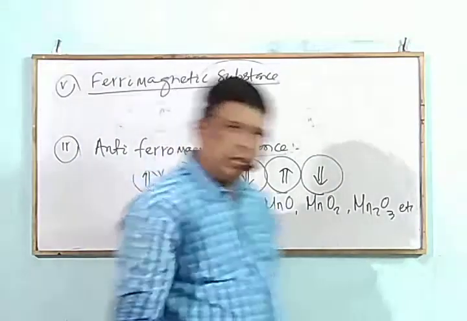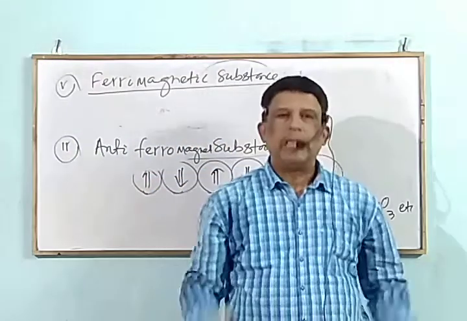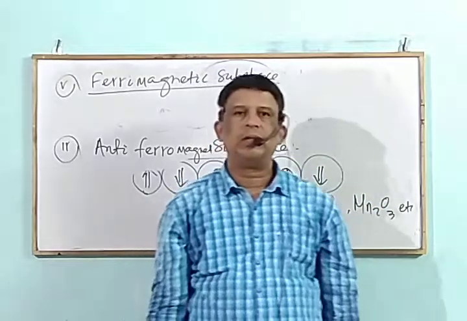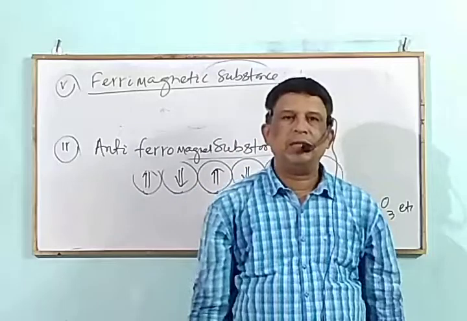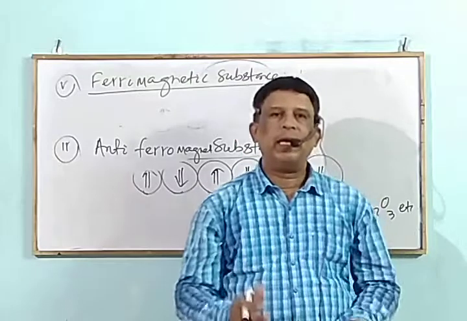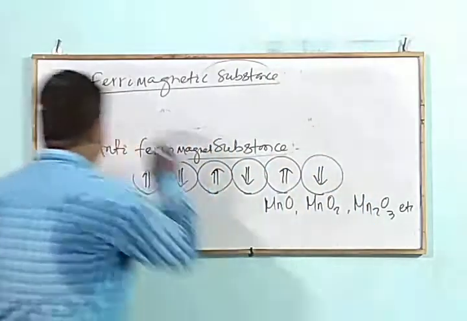Similarly, on the basis of their domain, they are expected to have a high value of magnetic moment. But due to their actual arrangement, they have low magnetic moment and their magnetic character slightly decreases. Mark the arrangement of a domain.